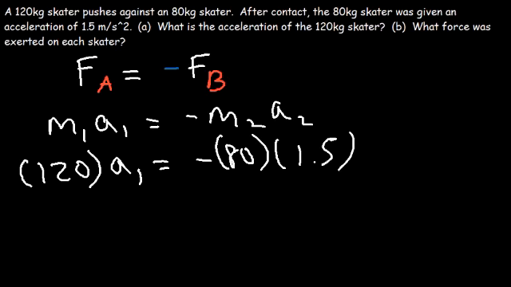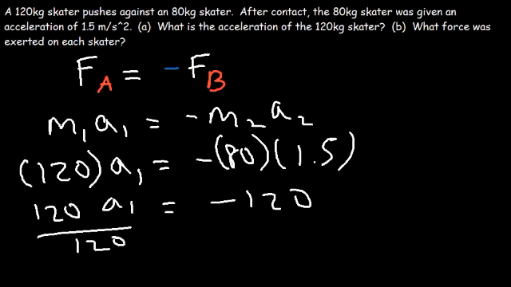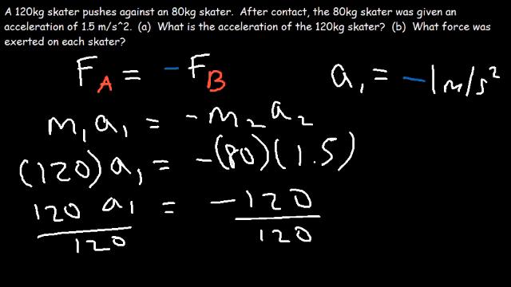Now 80 times 1.5 is 120. And if we divide both sides by 120, we can see that the acceleration of the 120-kilogram skater is -1. The negative sign simply tells you that his acceleration is opposite to the other skater.